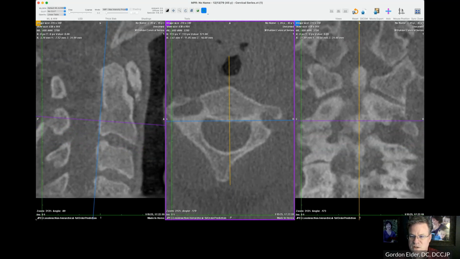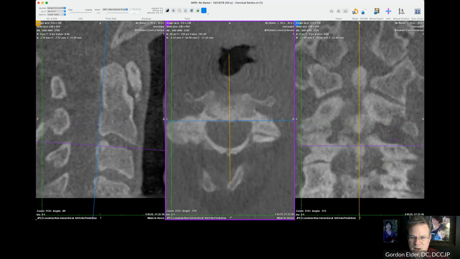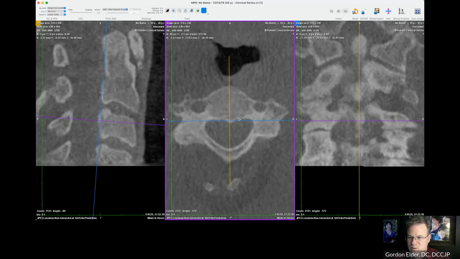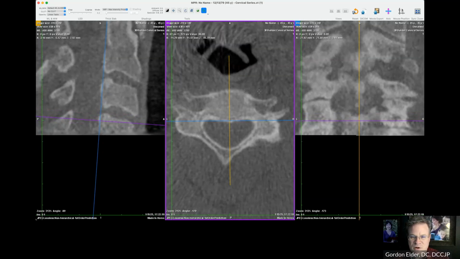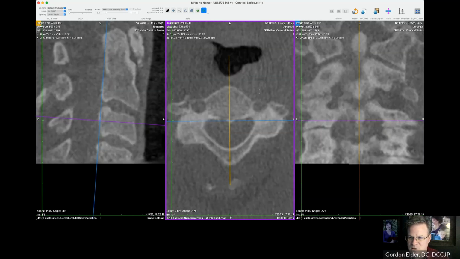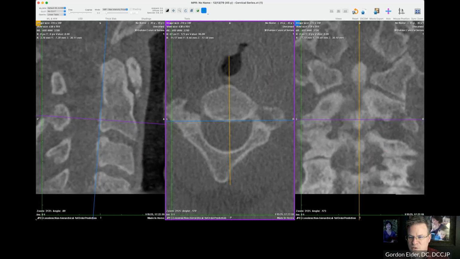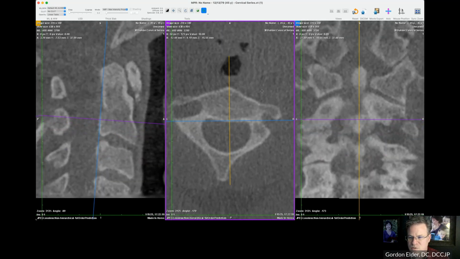It looks like it's rotated forward on the left or backwards on the right compared to C3. If you look at the posterior body, let's go back down here. Okay, pretty level. So C3 and C4 don't seem to be rotated in relationship to each other, at least not enough to show up here. A C2 on 3, there's a rotation there.